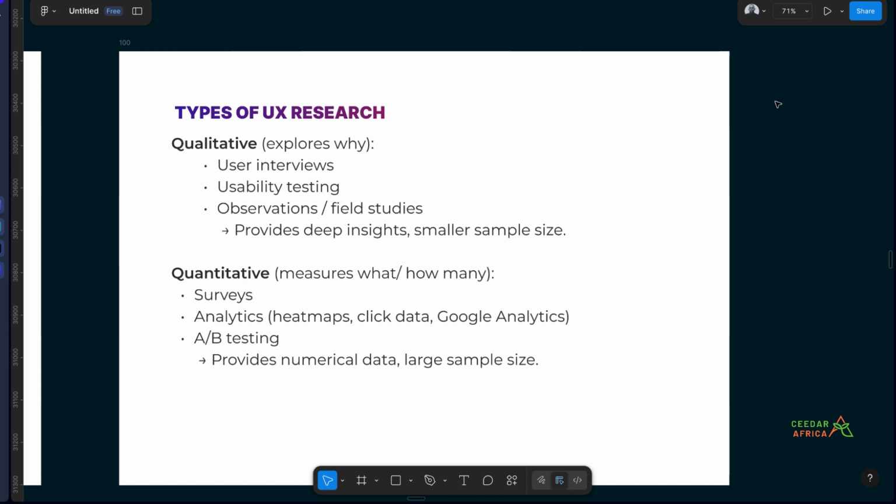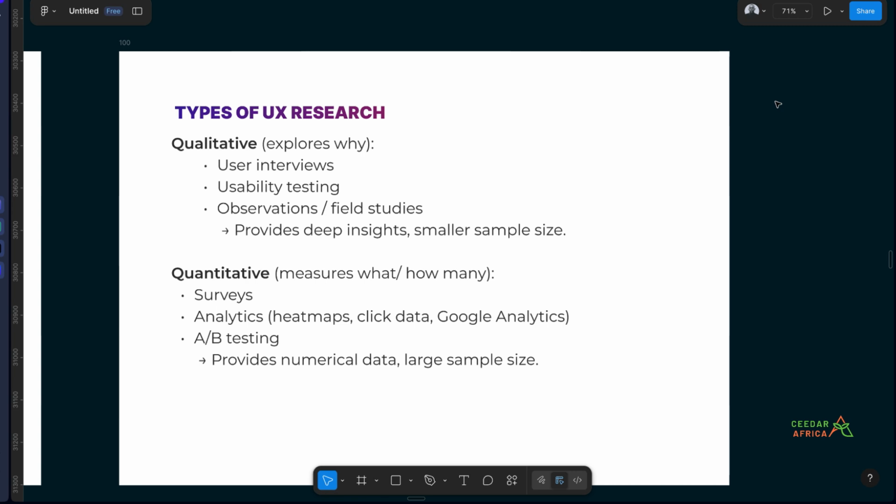The next is usability testing. When you have a product and you put it out there for a few people to test, you start picking up some feedback from them: their facial expressions, their questions, if they ask about that product.